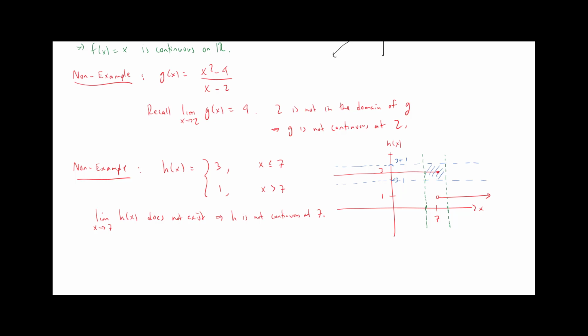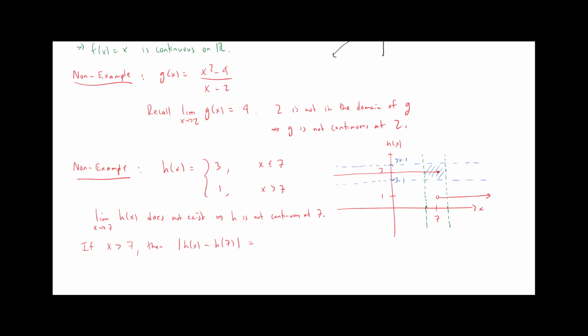Okay, if we want to write it down using the precise language, we could say, well, if x is greater than 7, then what is the distance between h of x and h of 7?